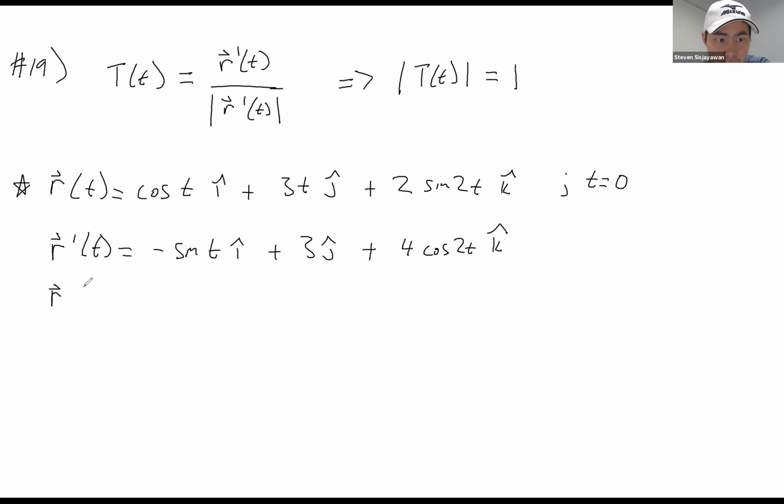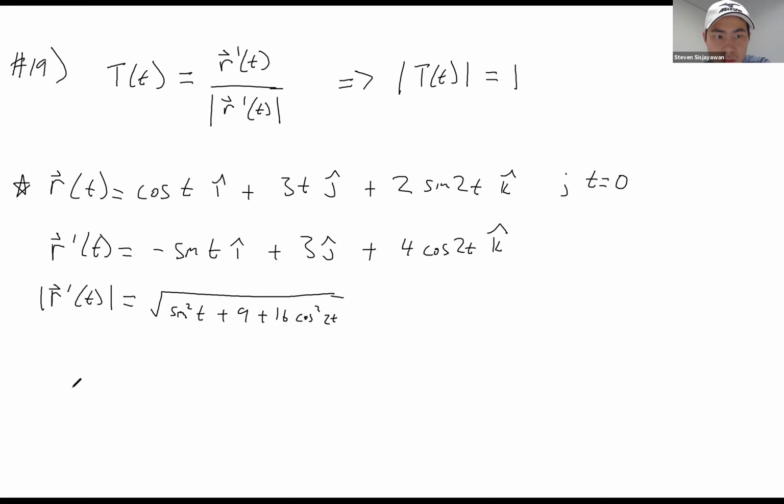The magnitude of r prime of t is going to be the square root of sine squared t plus 9 plus 16 cosine squared of 2t.